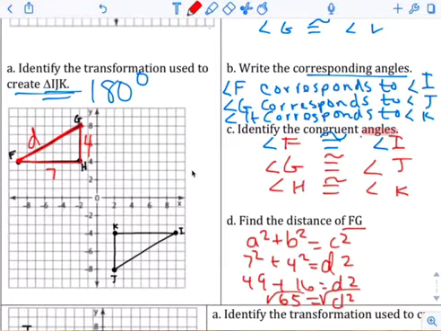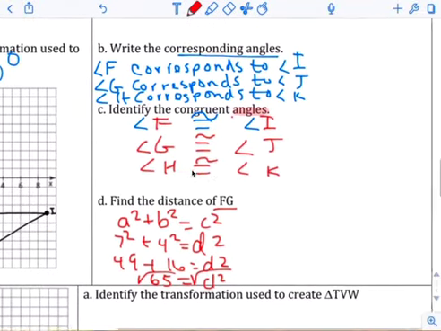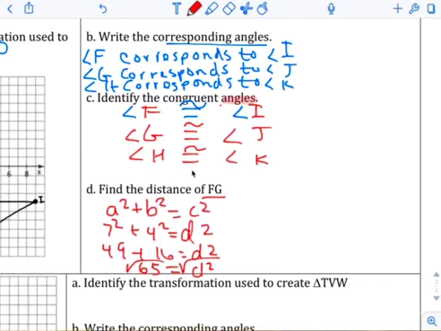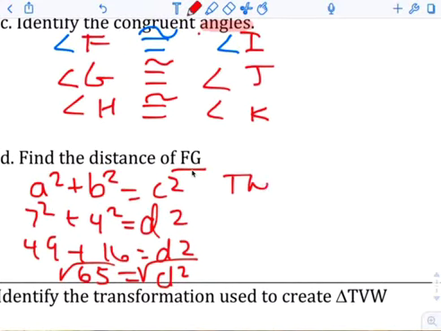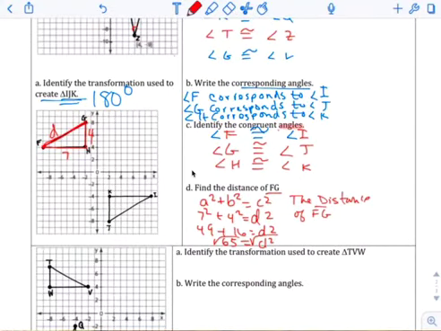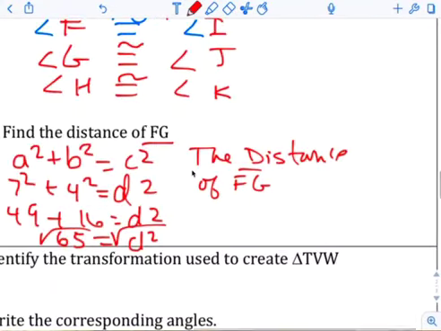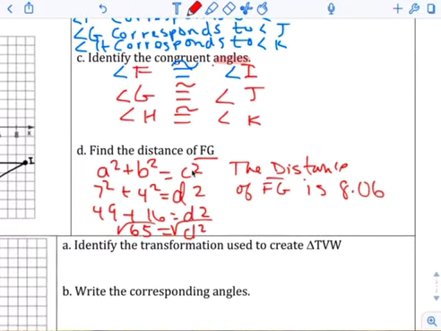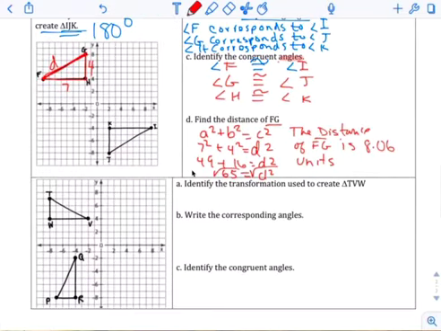So the distance of FG, the line segment right here, is 8.06 units, because there are no units there.